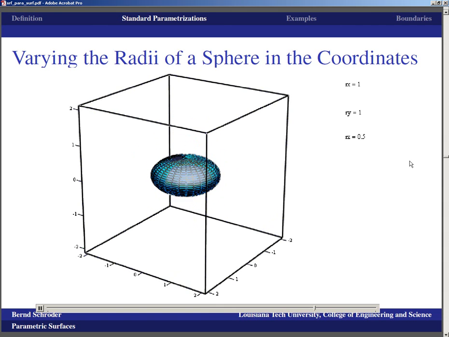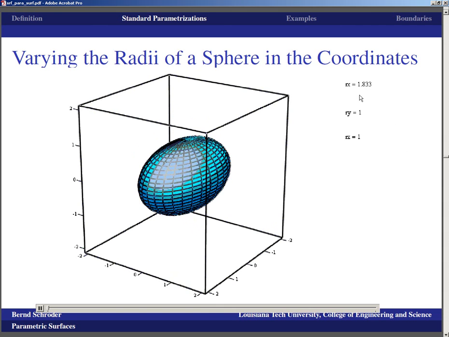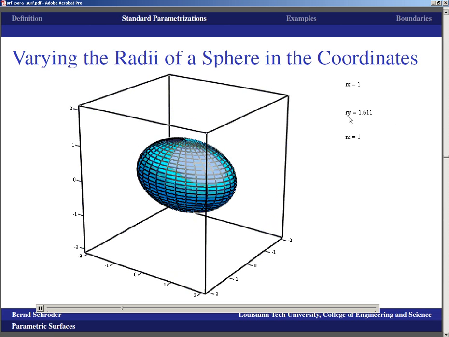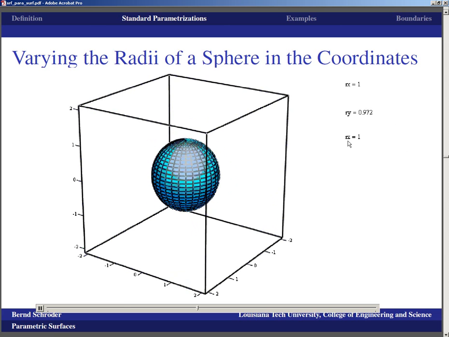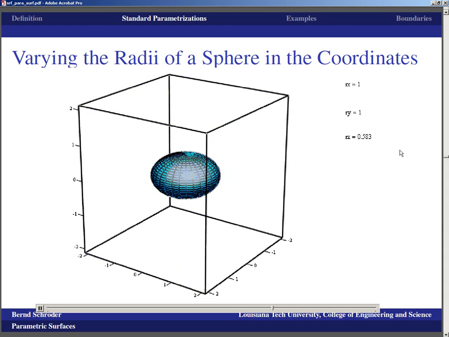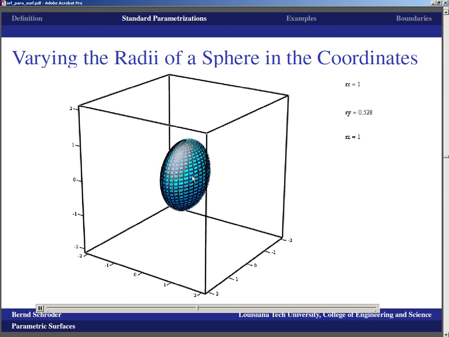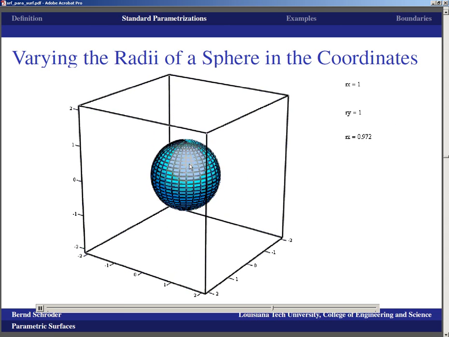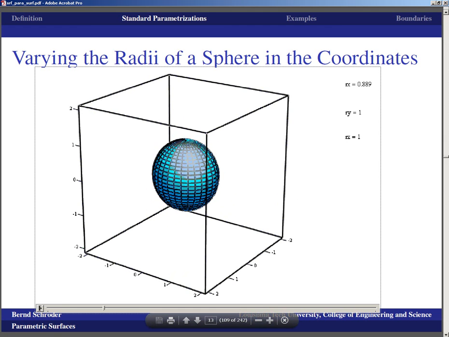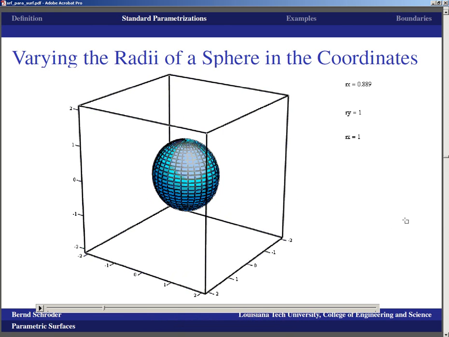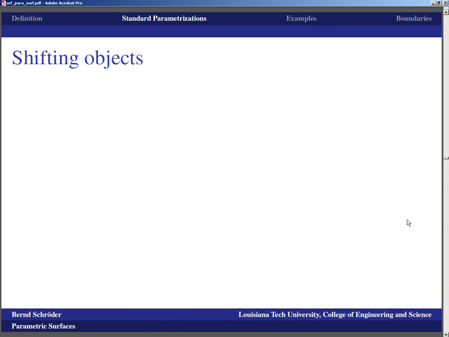So if I take a parametrization of a sphere and I multiply the x-coordinate with rx, the y-coordinate with ry, and the z-coordinate with rz, then I can stretch and compress that sphere in the x direction. Here's where rx varies. In the y direction, here's where ry varies. And in the z direction, that is where rz varies. And that means I can use that same parametrization to also encode things like ellipsoids, for example. And so that's something that we just want to keep in the backs of our minds.